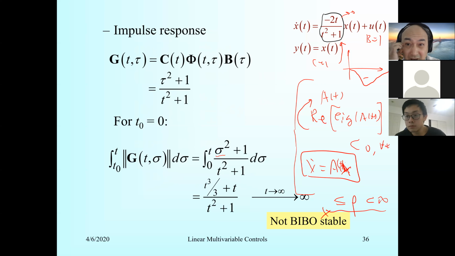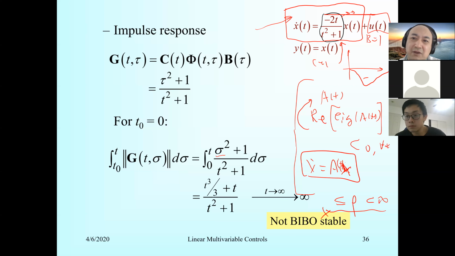So we have seen the same case here. When it is an autonomous system, we talk about stability, exponential stability, and so on. But when you have input, you talk about BIBO, bounded input, bounded output.